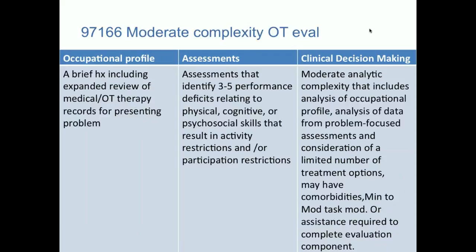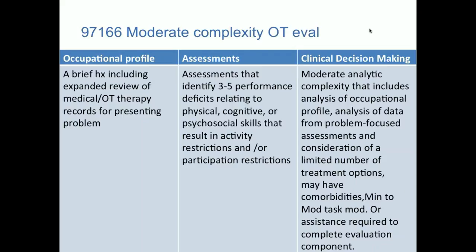Now for the moderate complexity OT evaluation, they have a brief history including expanded review of medical and/or OT therapy records for the presenting problem, assessment of 3 to 5 performance deficits, so definitely more performance deficits relating again to physical, cognitive, or psychosocial skills.